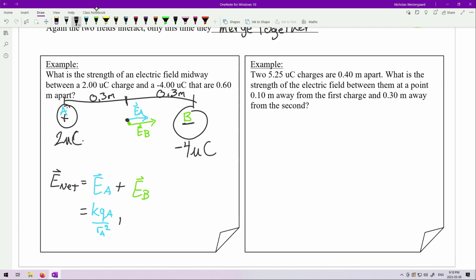And then I would add K times QB over RB squared, where RB is also 0.3. And then you just plug in the numbers and calculator, calculator, calculator. I don't feel like doing it. But you get the idea.